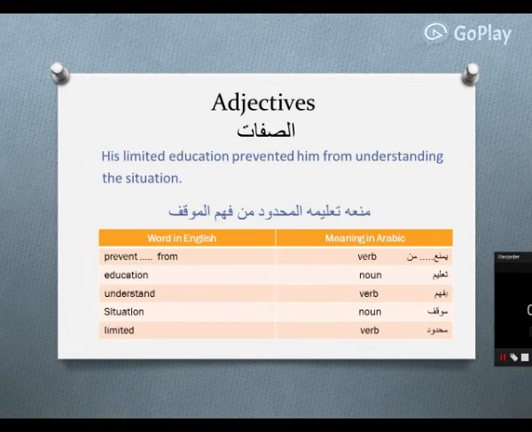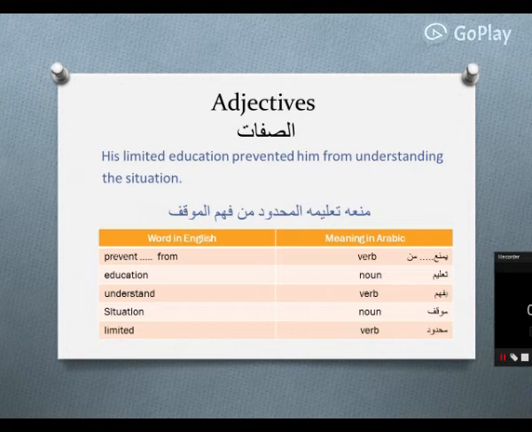Another example with the problems we have with these adjectives in English when we translate into Arabic is this example. His limited education prevented him from understanding the situation. We need first to understand the meaning of some words here.